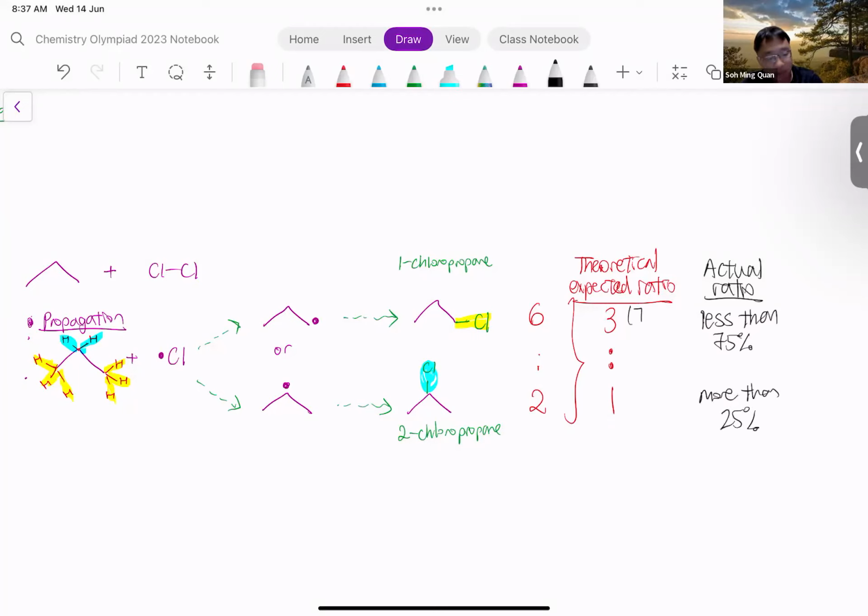So 3:1 means 75 to 25 percent. But the actual ratio is not like that. The actual ratio has less than 75% 1-chloropropane, more than 25% 2-chloropropane. Why? What this means is that perhaps this is a more stable radical.